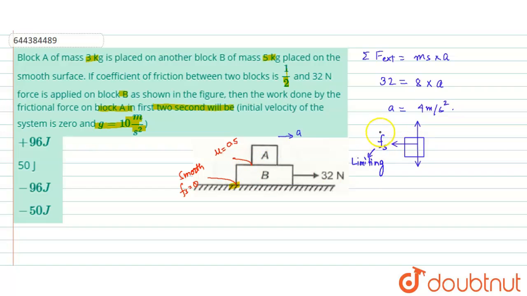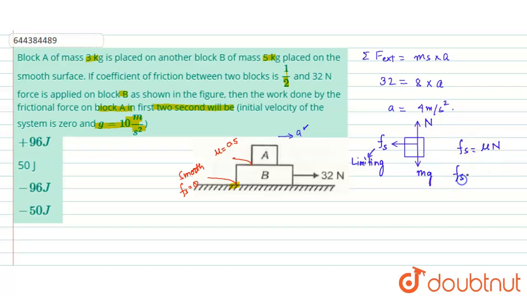Remember that the limiting friction is not always what acts between these two blocks. That depends upon the acceleration of this system. This will be the weight of the smaller mass, and this will be the normal reaction. Since there is no vertical motion, these two forces will balance out. The limiting friction force is mu times N, and N equals mg.